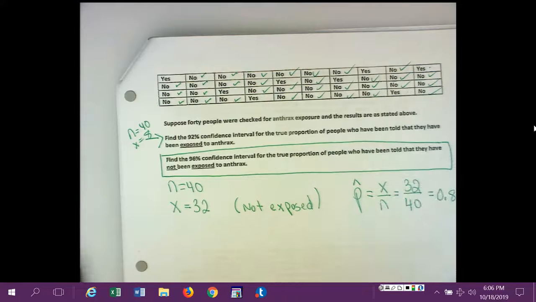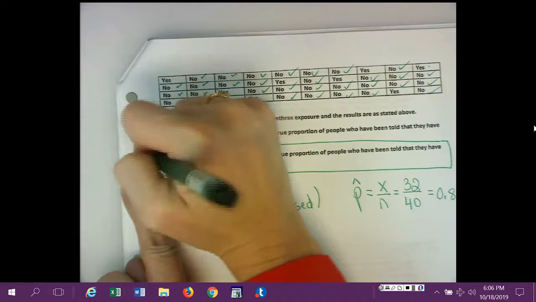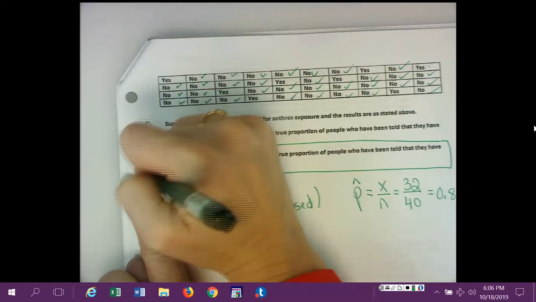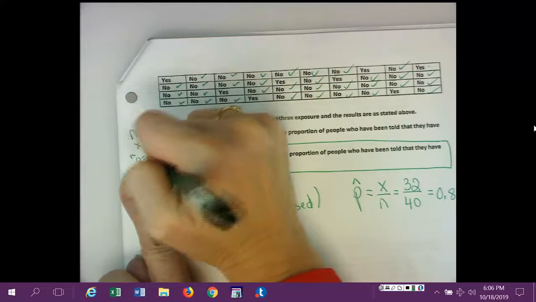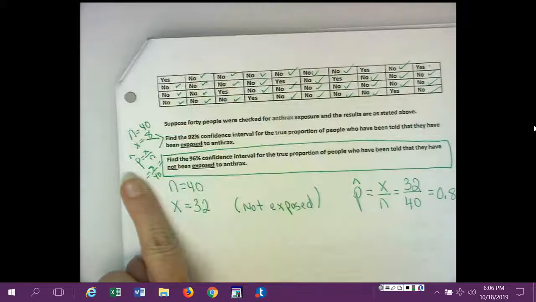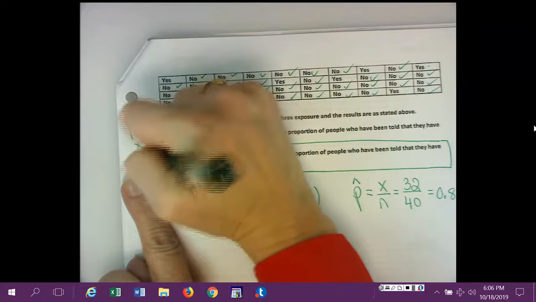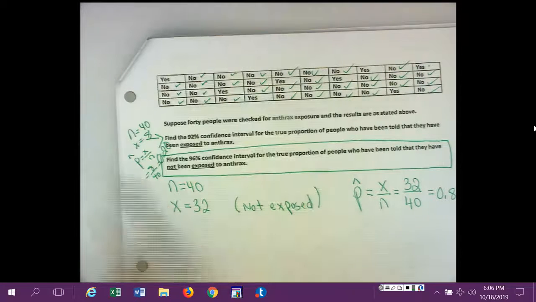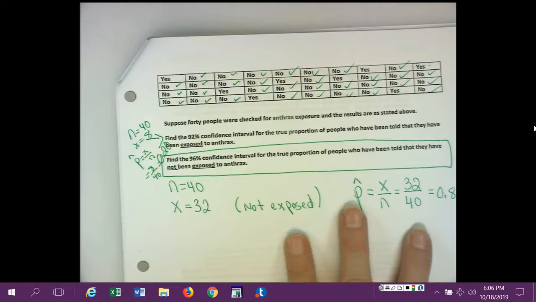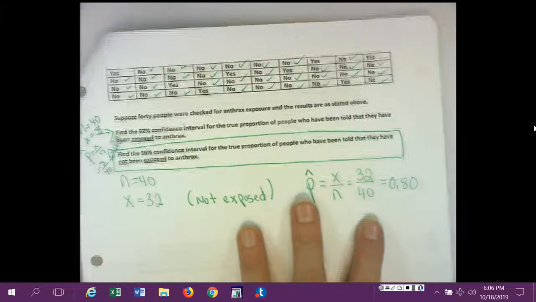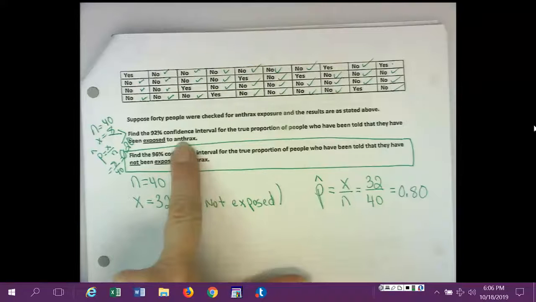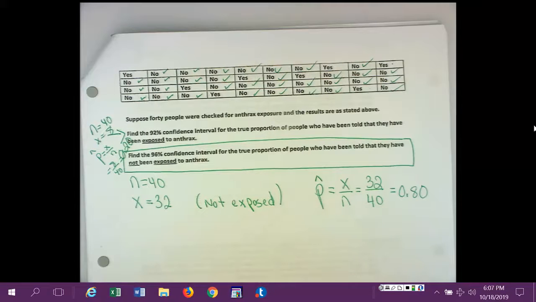As you can imagine, here, P hat, X over N, or 8 over 40, that P hat is going to be 20%. Again, we're not doing that problem. Not exposed, 80%. P hat. Exposed, 20%. 8 out of 40.